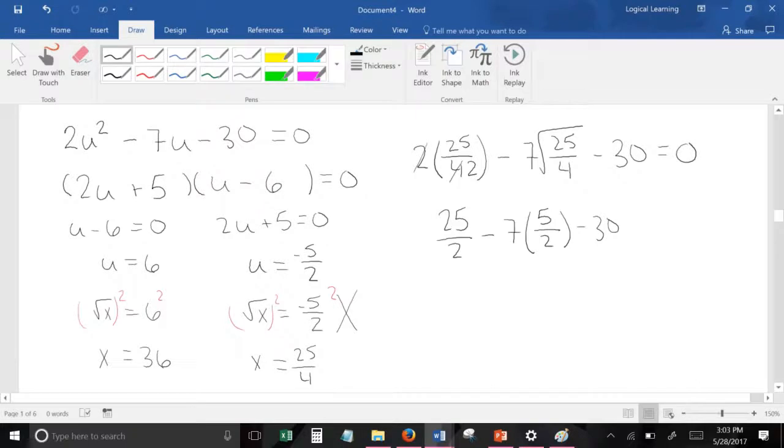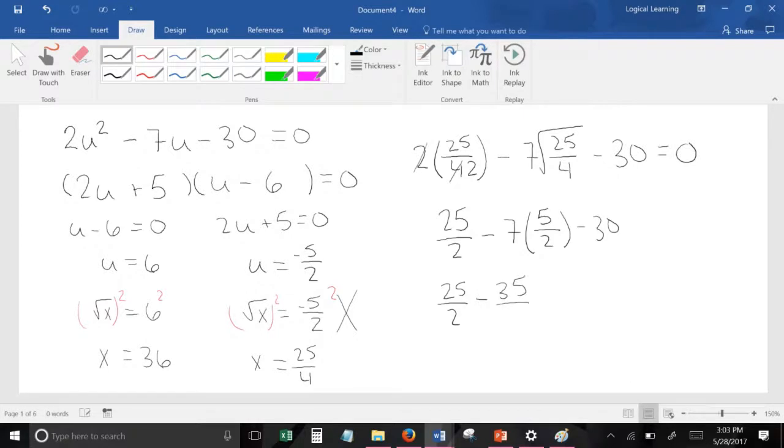That's going to give us 25/2 minus 35/2 minus 30. Well, 25/2 minus 35/2 is going to give us negative 10 halves, which is negative 5, and minus 30 gives us negative 35, which clearly does not equal 0, which is what we expected.